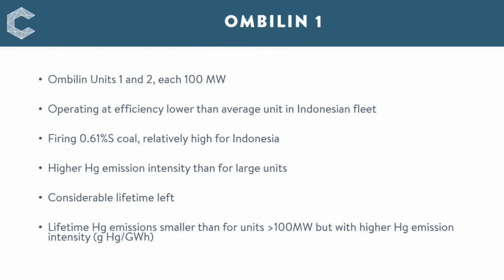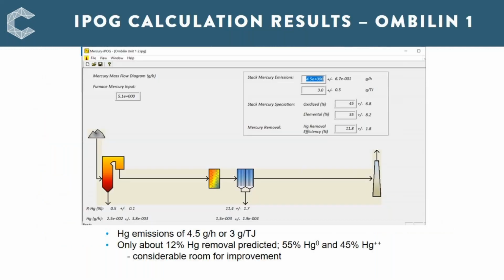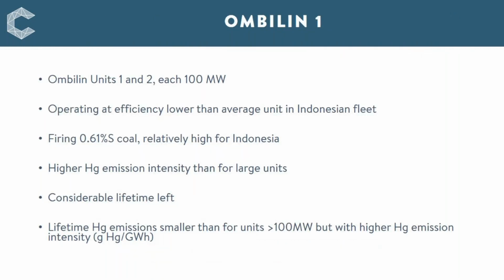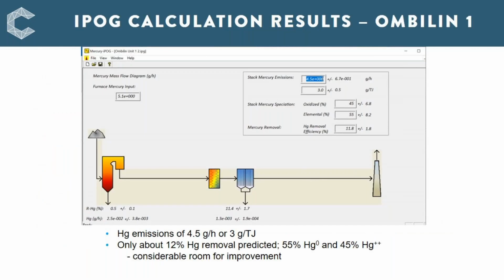Because of age and lower efficiency, this unit has higher mercury emission intensity than what we have observed for larger units. After plant modification, we have considerable lifetime left for this unit. Next, please, which will be the iPOG.